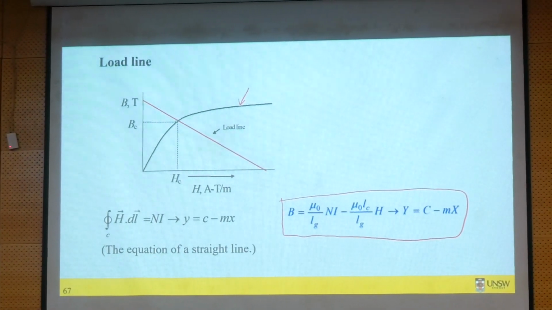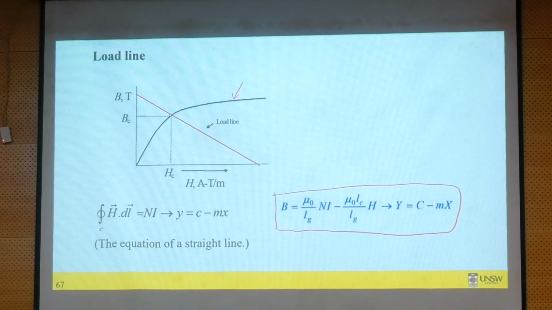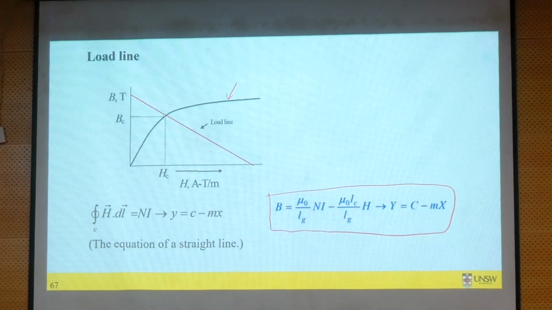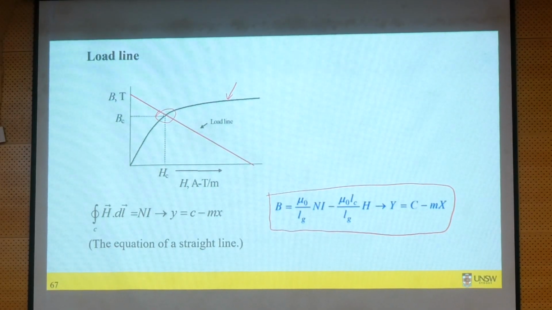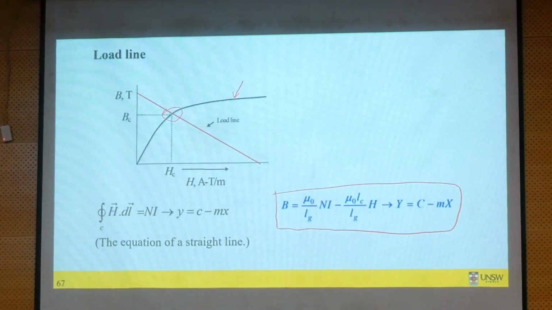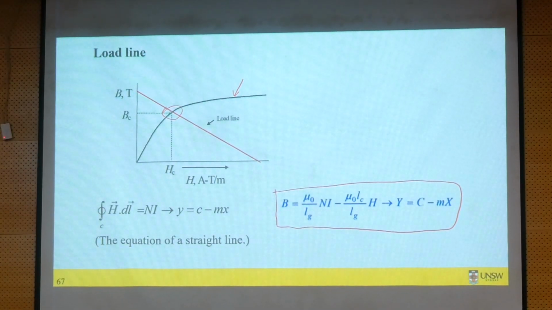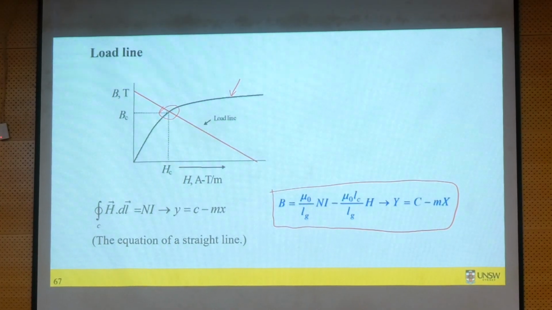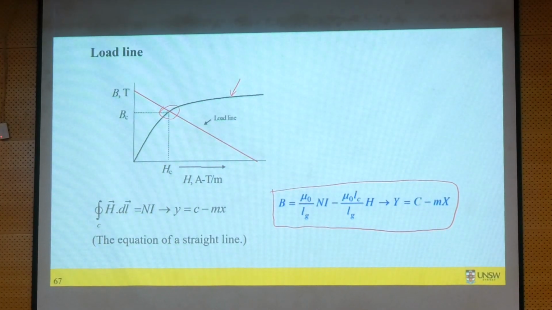Okay, so if we plot that straight line over the BH characteristics, we can find a coinciding point, and this point becomes our working point. Okay, so if there is saturation and we don't know permeability, the load line method could be an alternative to the equivalent magnetic circuit method of calculation of reluctance.